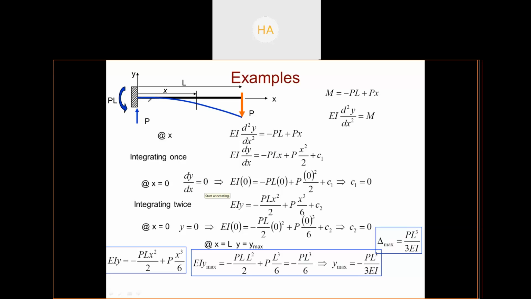At this position, your x will be 0, so the whole term will become 0. There is no x to integrate. At x equals 0, your dy by dx term will definitely become 0. X equals 0 means there is no position of L, right?